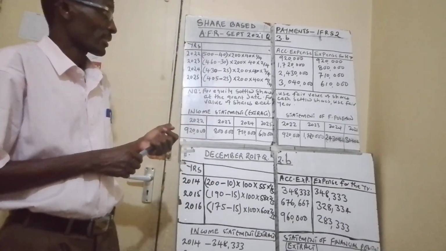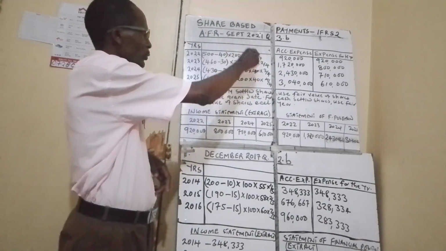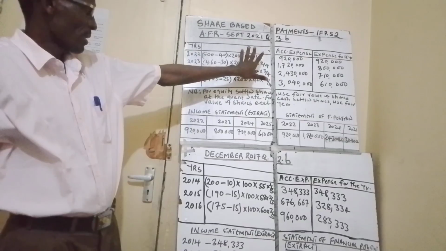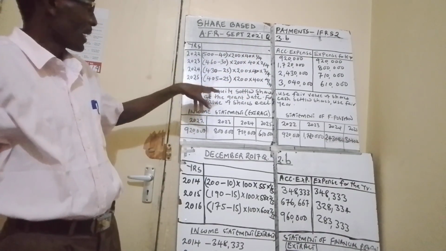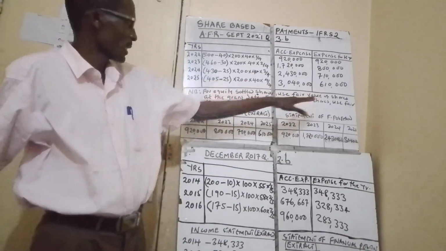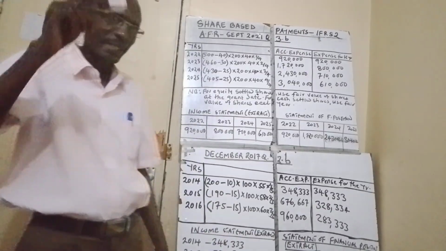Well, the major difference is that you can see here what we are saying. We are trying to multiply by a certain number here. We discuss this question. Now as you can see this point here, the note: for equity settled shares, use fair value of shares at the grant date.